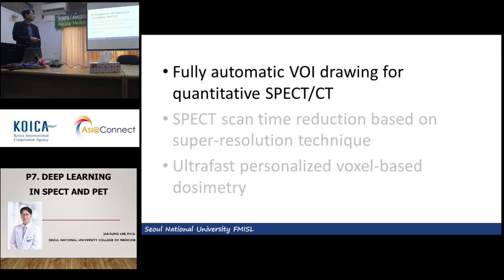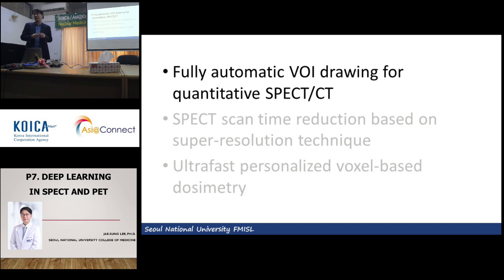Yesterday I couldn't touch on quantitative SPECT/CT because of the limited time. But as you may know, by using the CT data as an attenuation map for the SPECT, in SPECT/CT we can have very accurate quantitative values for the radioactivity.